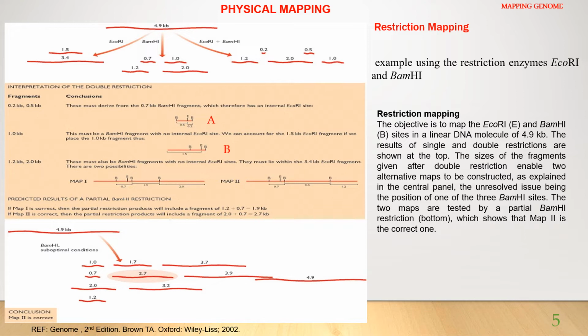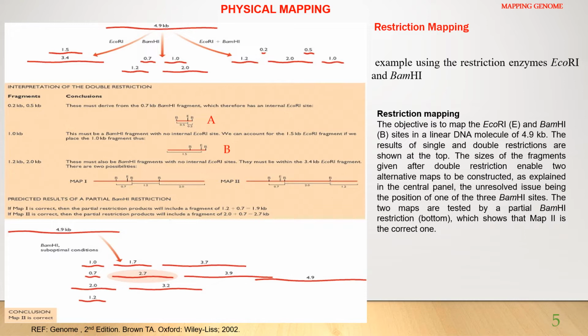The partial digest figure below shows the presence of a 2.7 kb fragment. Hence, it can be concluded that map 2 is the correct sequence of restriction sites for the 4.9 kb fragment.